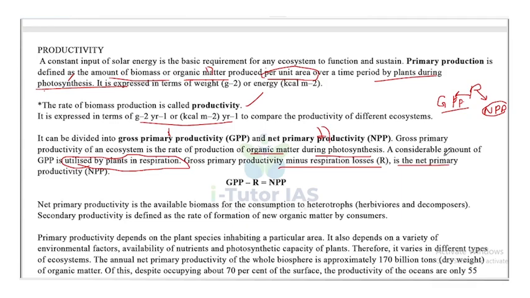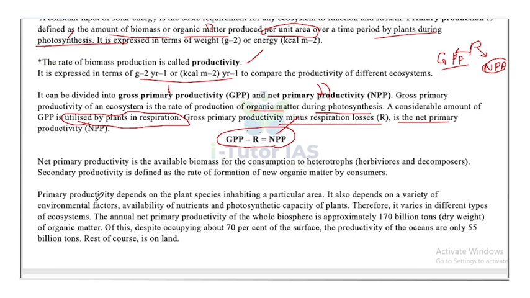But a more refined definition is net primary productivity, in which the respiratory loss of the plant is subtracted. So we'll get a more accurate value of productivity. So the definition of net primary productivity is gross primary productivity minus the respiratory loss.